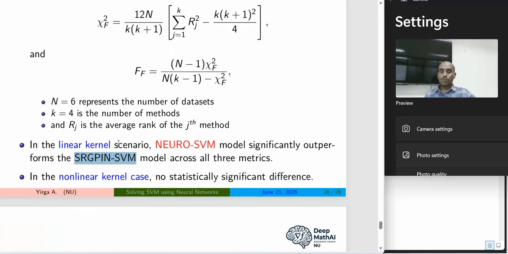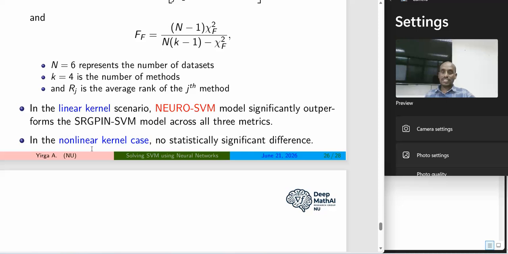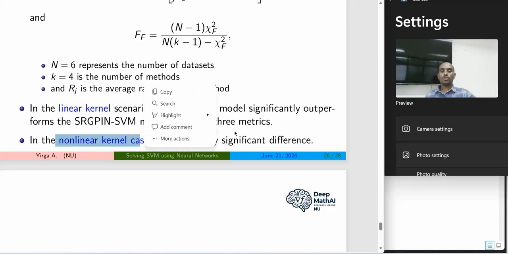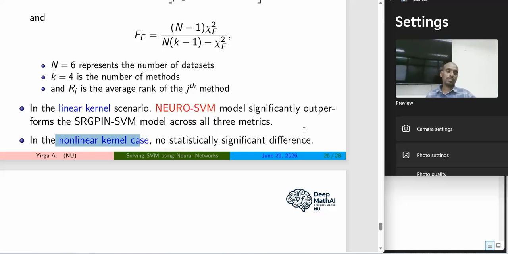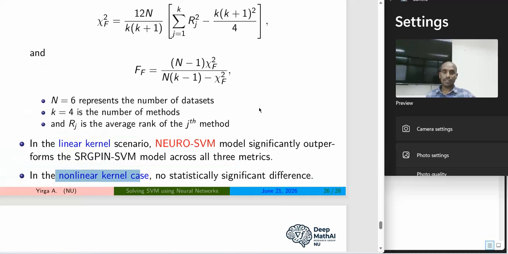But when we examine the statistical significance of the model against the other models with the nonlinear RBF kernel, there is no statistically significant difference. The model still outperforms the other methods like we have seen here.